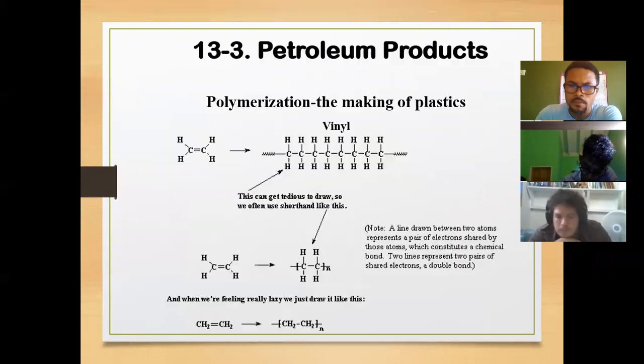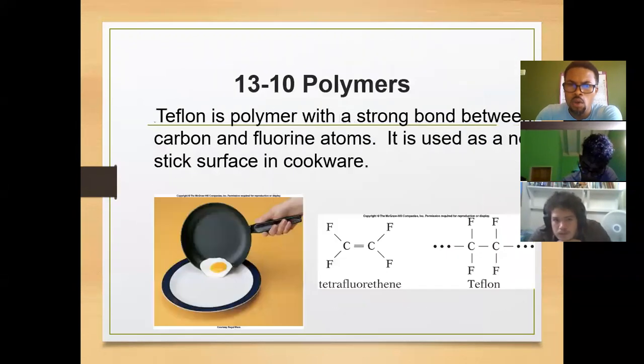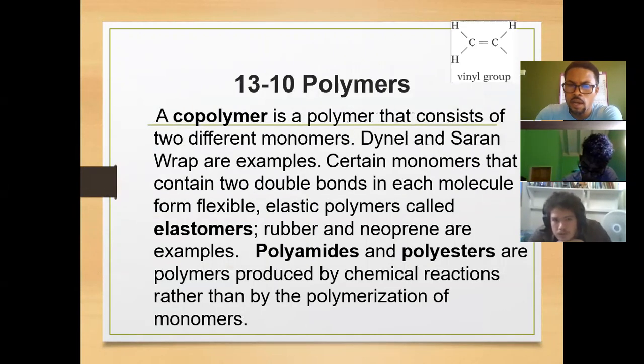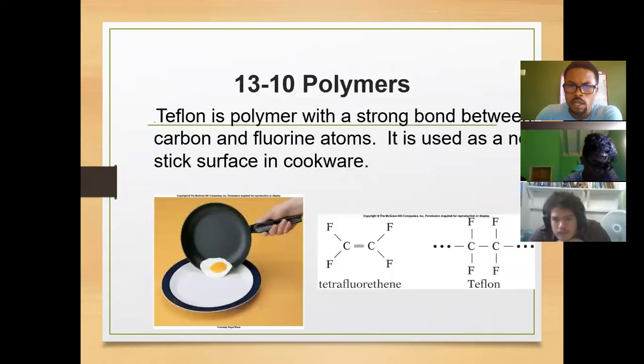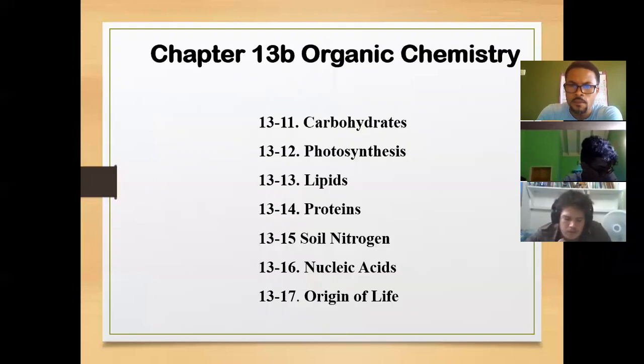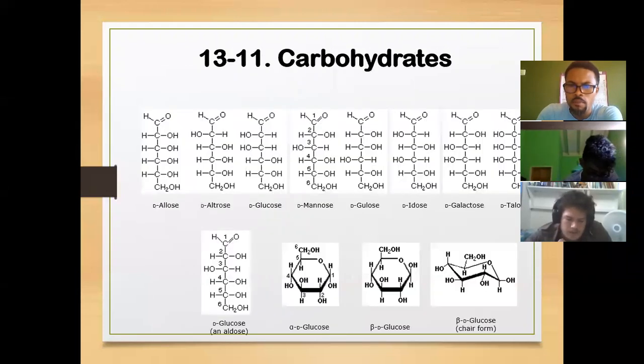And there's a whole lot of uses for hydrocarbons. They can be used to make Teflon. Teflon is carbon with a chloride base. It helps in cookware for non-stick pans. You can also have it in making plastics, where hydrocarbons can be applied again. Carbohydrates.